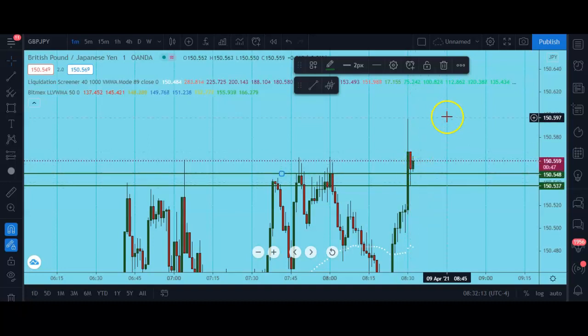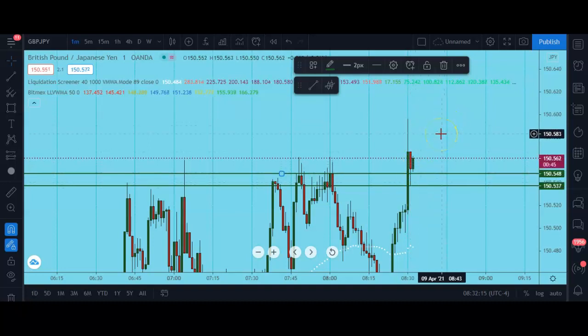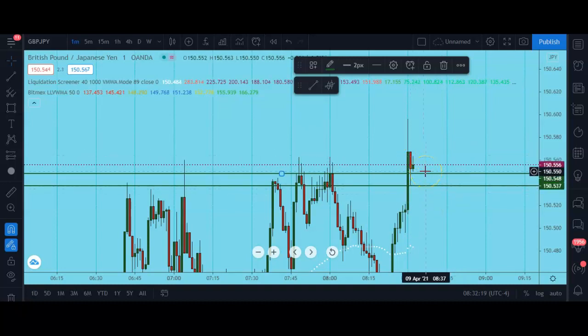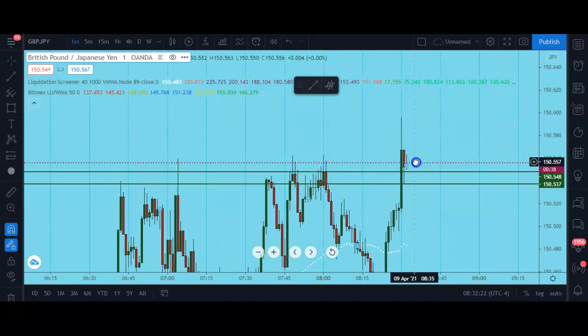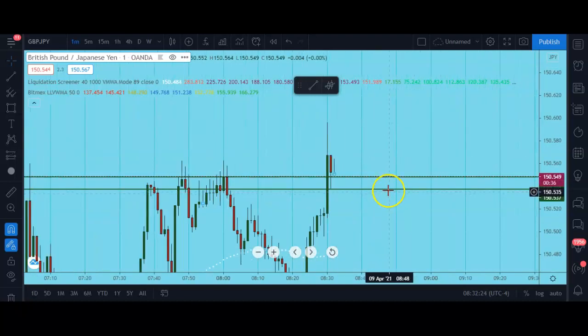So price should be going up. It retested this area, and usually too, but that's only on the sell side. When price is selling, the price likes to come and fill the wick, this wick right here. Which it just did.